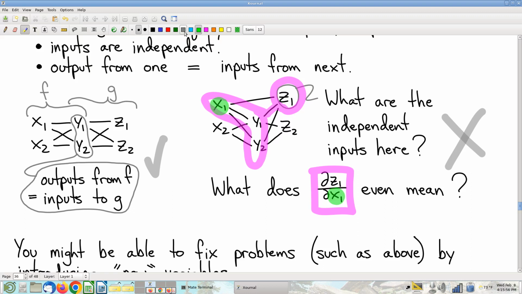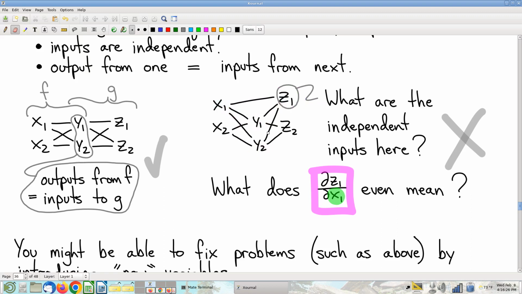Because it's a partial derivative, that would mean that I have to hold y1 and y2 constant. But that's not even possible. If x1 is changing, y1 and y2 are going to change because they're functions of x1. So I don't even know what this means. Everybody see the problem? This is a mess.